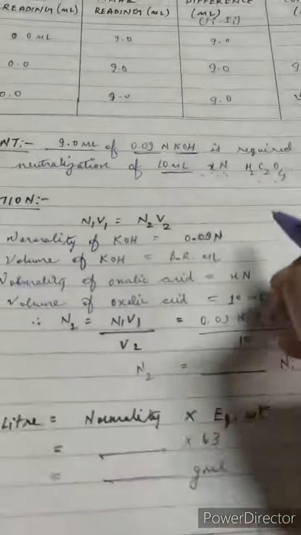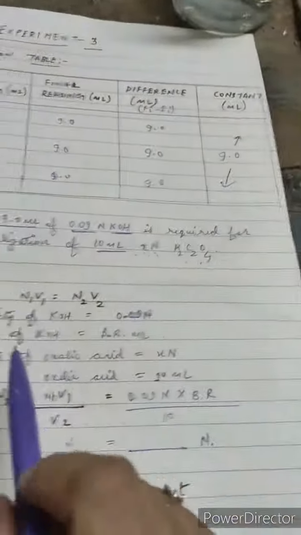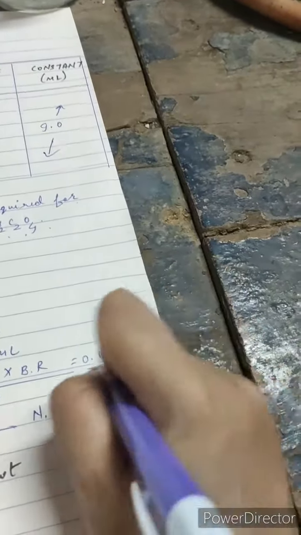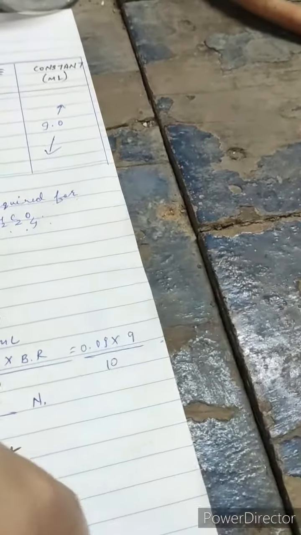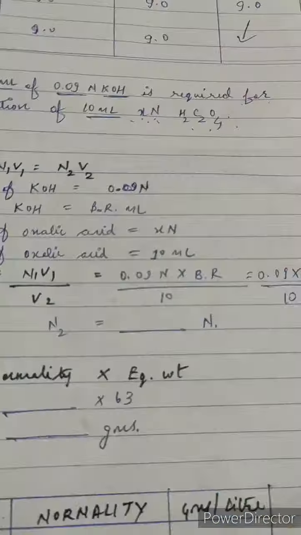To know the concentration, again we'll apply our normality equation. We know our burette reading is 9. So our N2 will be 0.081 normal.